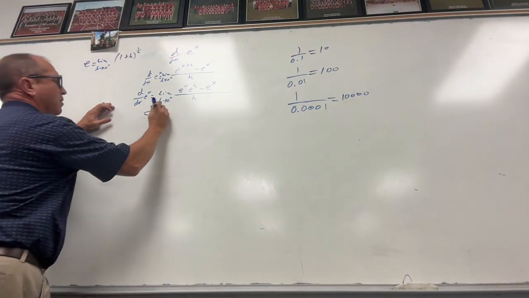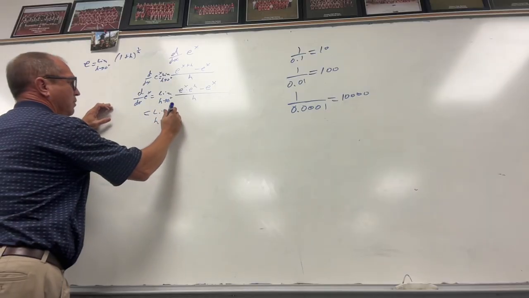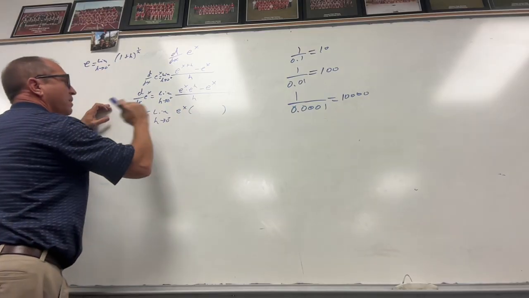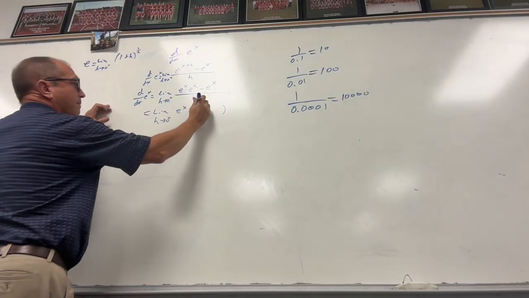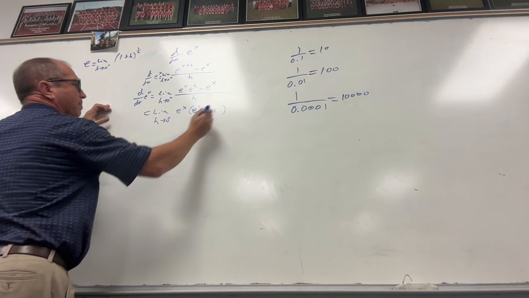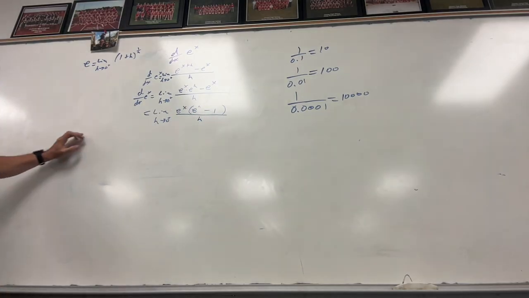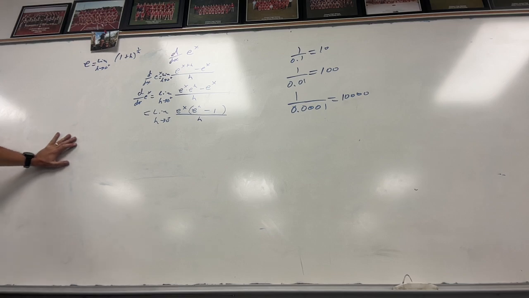So it's going to become the limit as h approaches 0 of e to the x times, what would I have here? e to the h minus 1, all over h. Now what happens with e to the x as h approaches 0?